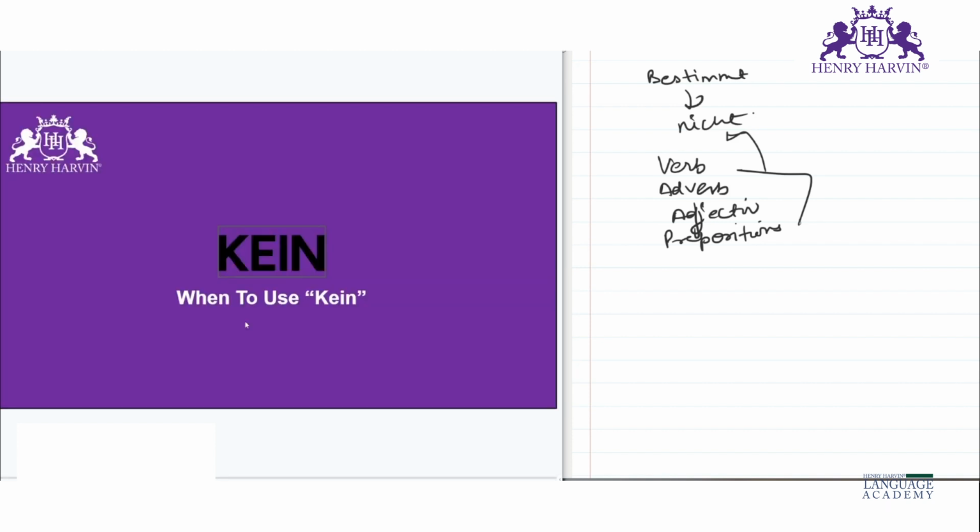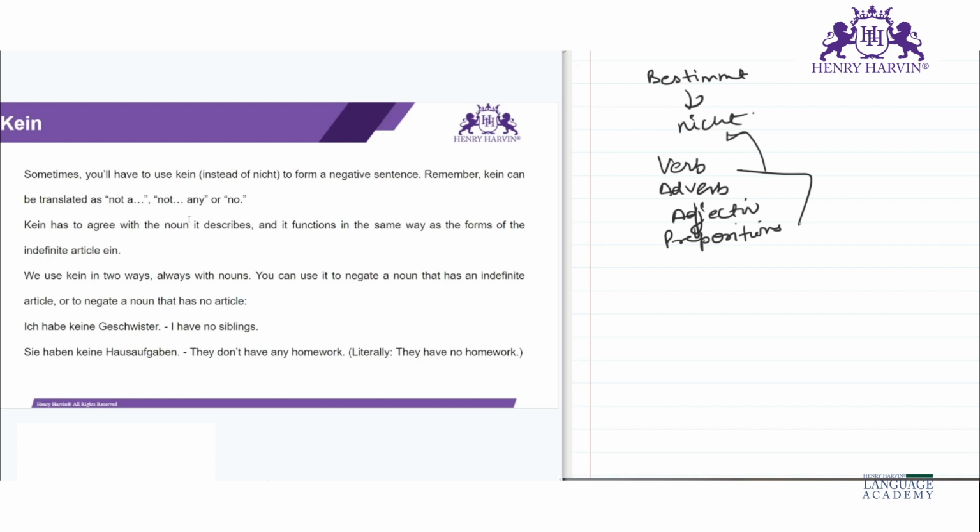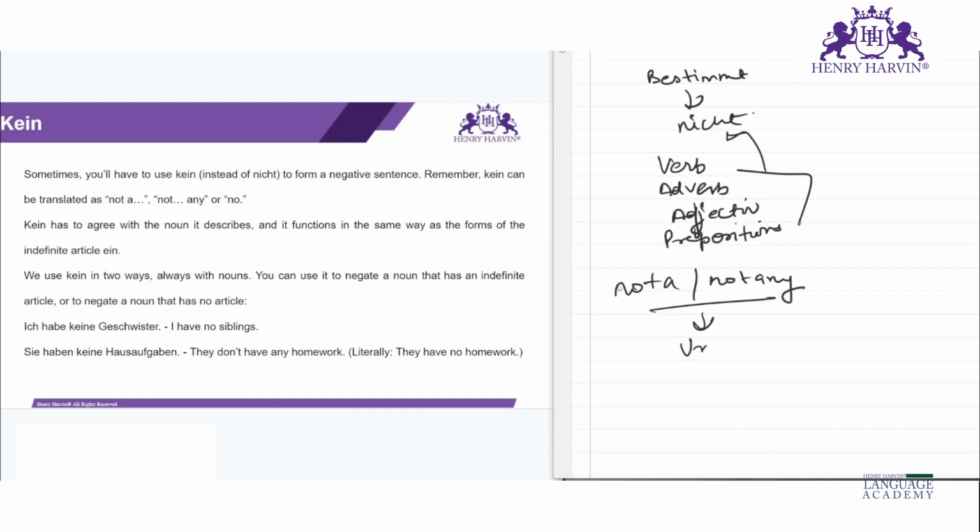Then comes the word kein. Kein specifically gives the meaning of not a or not any. That means this is used basically with the unbestimmt. Let's see some rules here. Kein has to agree with the noun it describes, and it functions in the same way as the indefinite article.